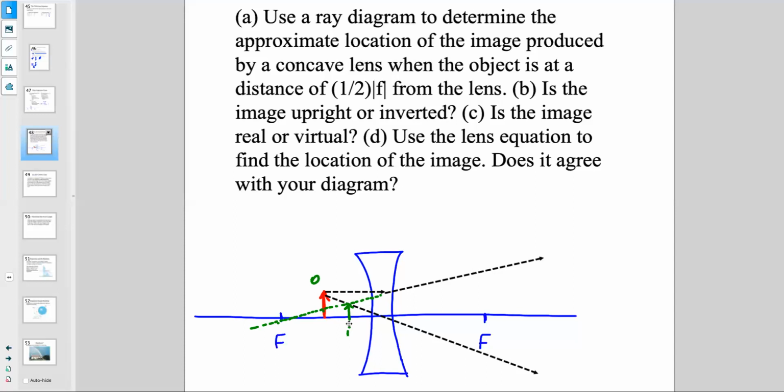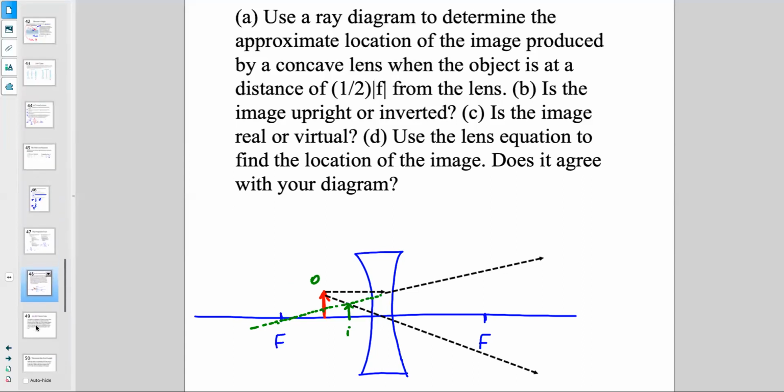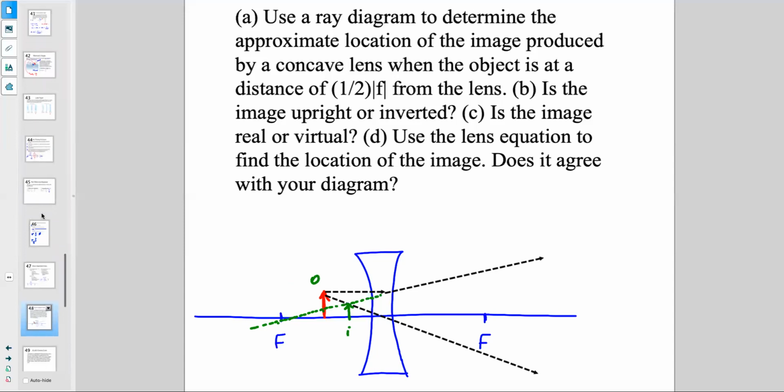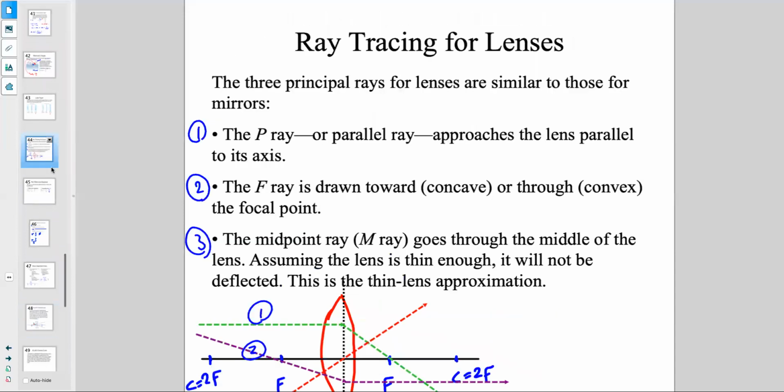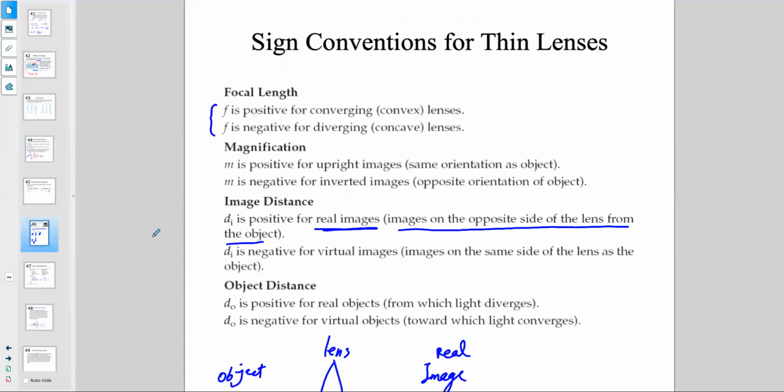So is the image real or virtual? Let's take a look at our list of things that are virtual or not. di is positive for the real images.